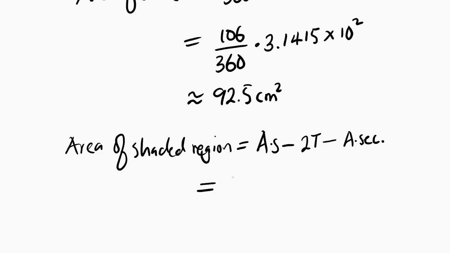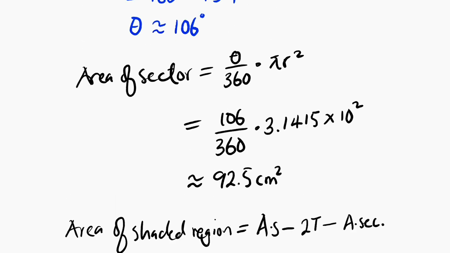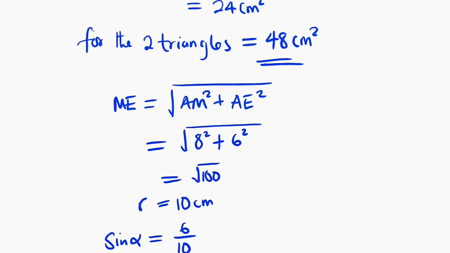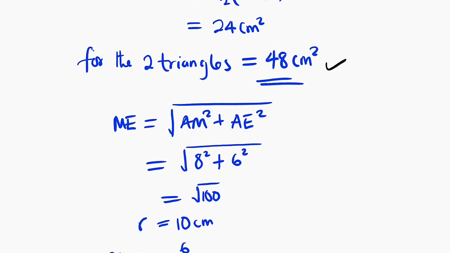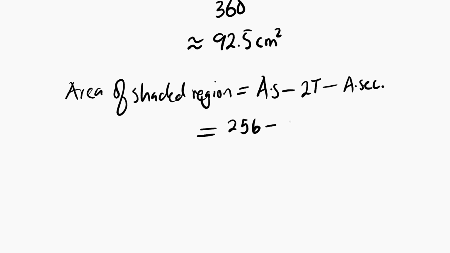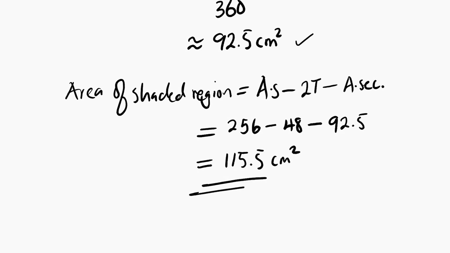The area of the square is 256, minus the area of the 2 triangles, which is 48, then minus the area of the sector, which is 92.5. This is equal to 115.5 centimeter squared. So this is the area of the shaded region approximately.